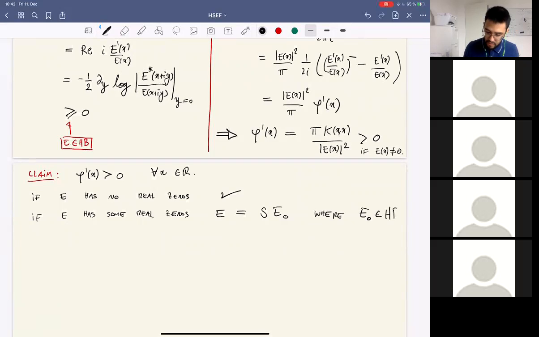So the function E naught will still be Hermite-Biehler, with no real zeros, and S real entire.